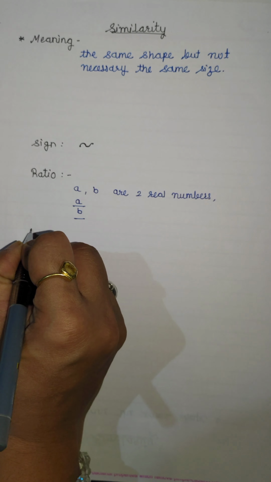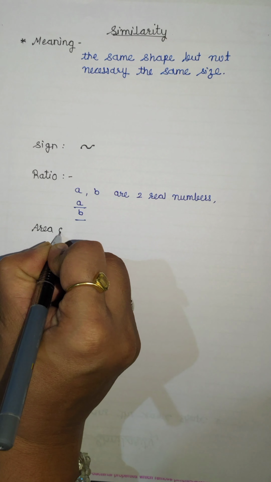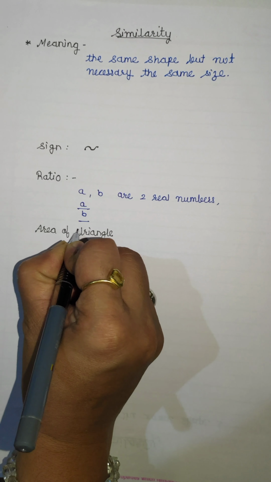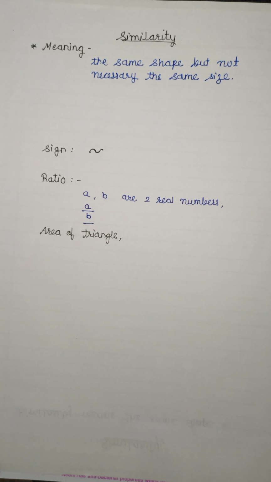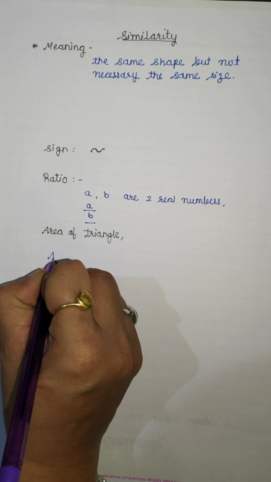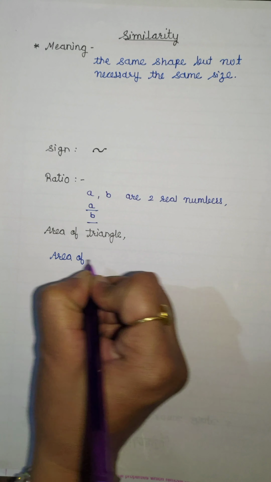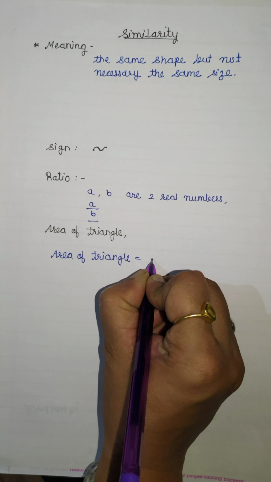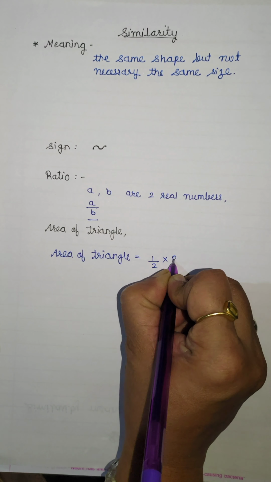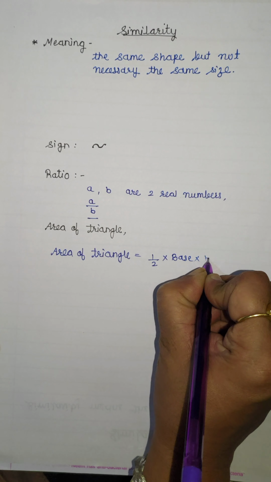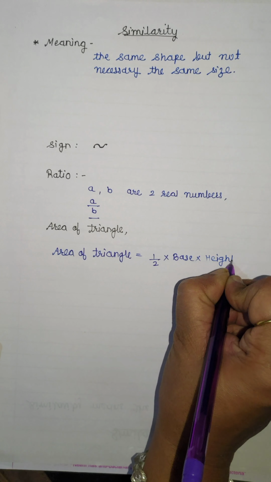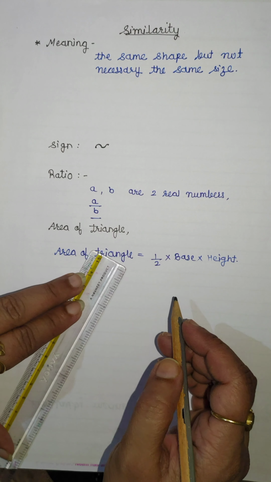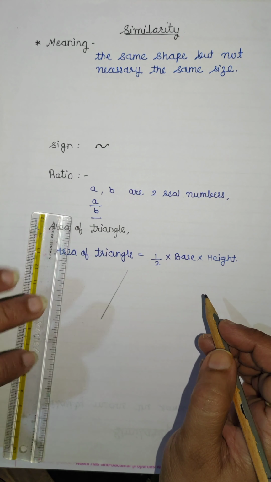Now in the same way we will see about the area of a triangle. We all know the basic formula of the area of a triangle, that is one upon 2 into base into height. For example, consider triangle ABC.